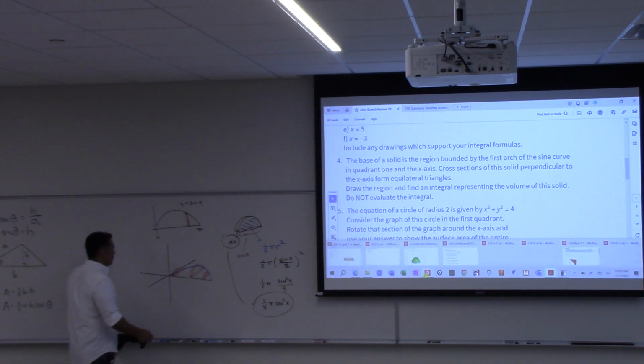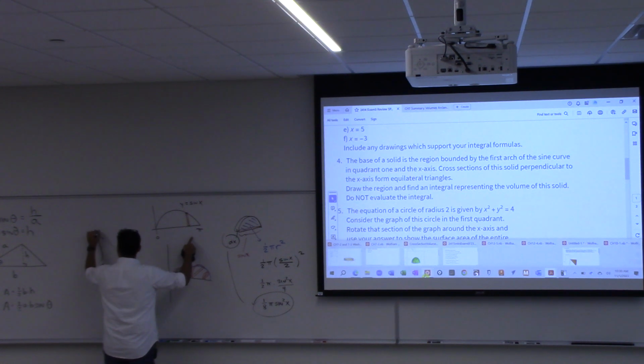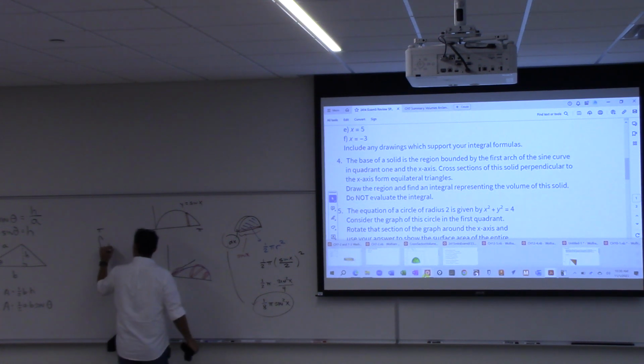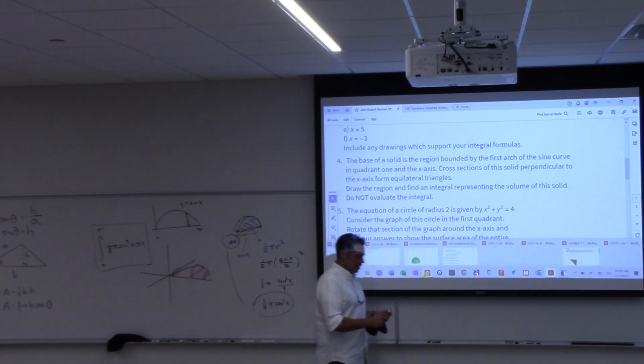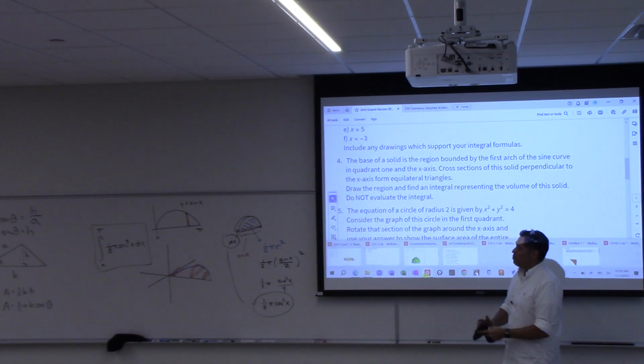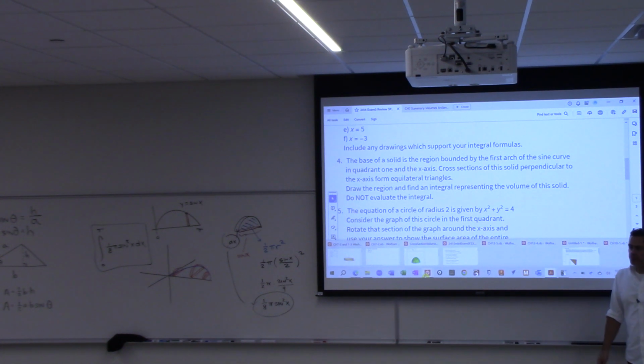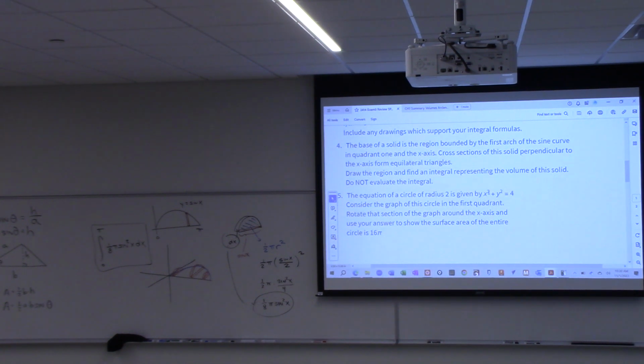So the integral goes from 0 to pi, and then it's just that formula. There it is. And sine squared, so we could use that half angle or power reducing formula if we needed to. All right. We did it.